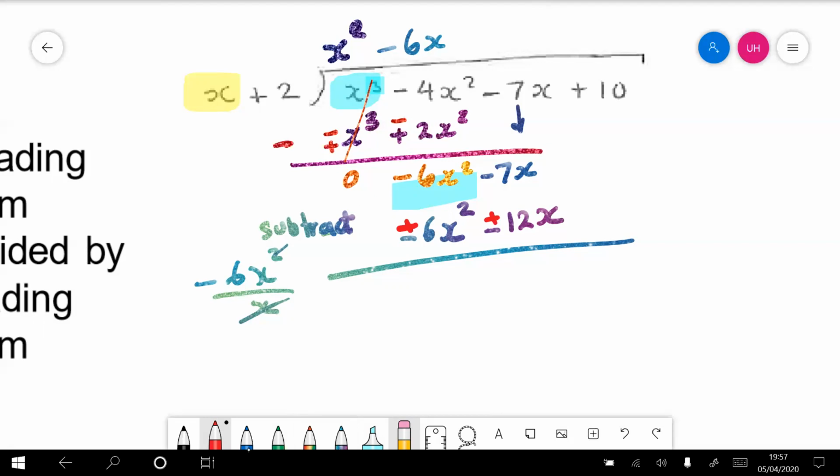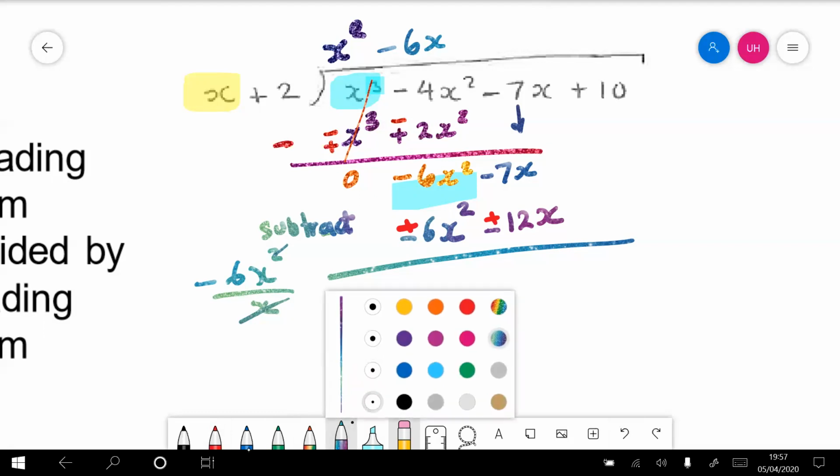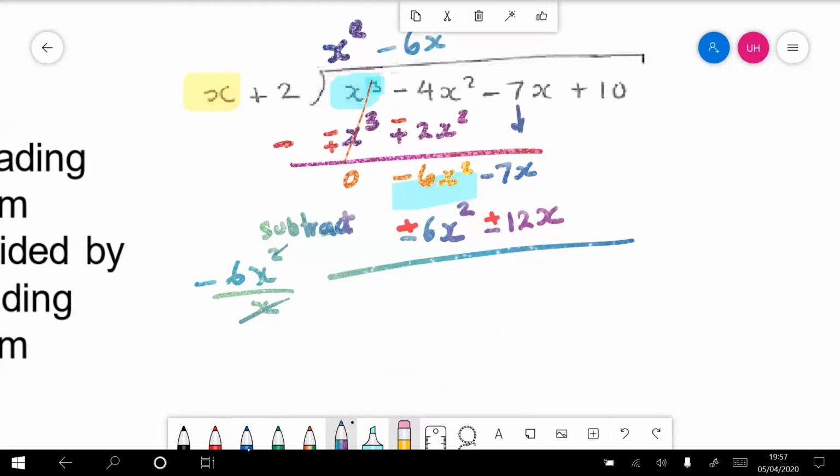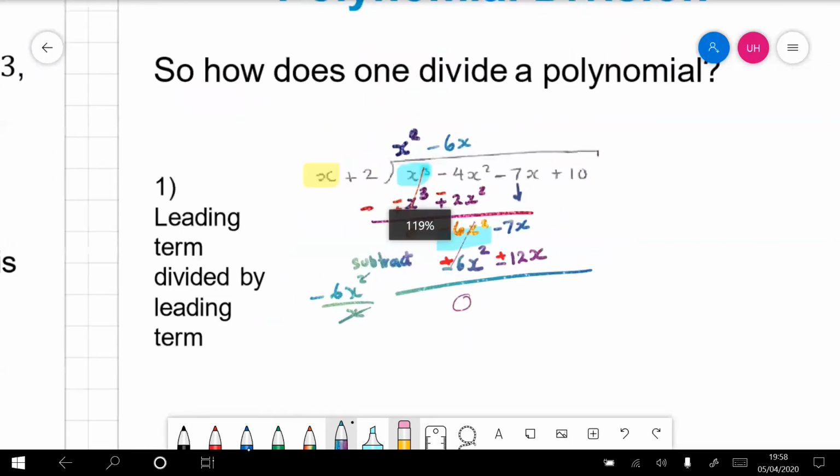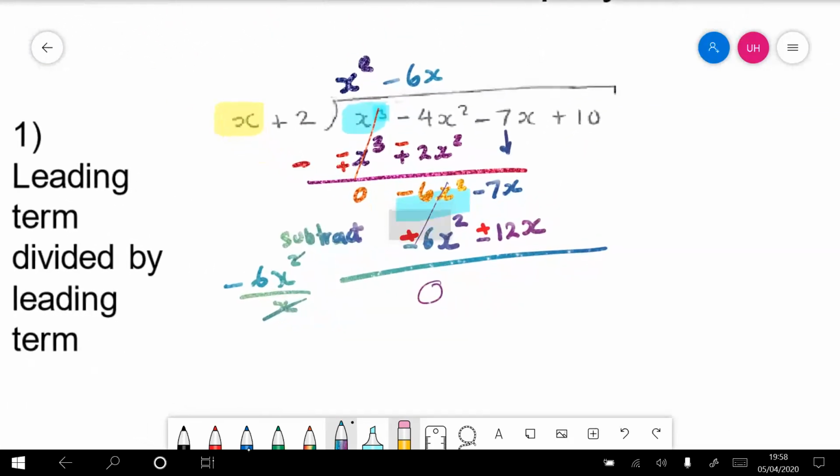So minus 6x squared plus 6x squared, they will cancel each other. Therefore, there's going to be 0. This becomes 0, and minus 7x plus 12. So minus plus is plus, and then minus 7 plus 12 is plus 5x.